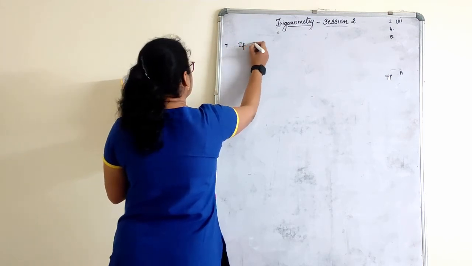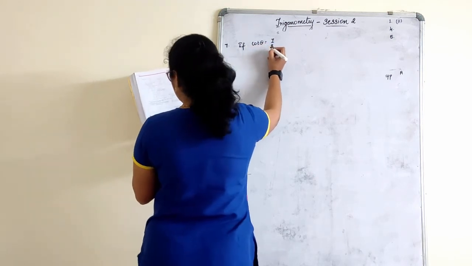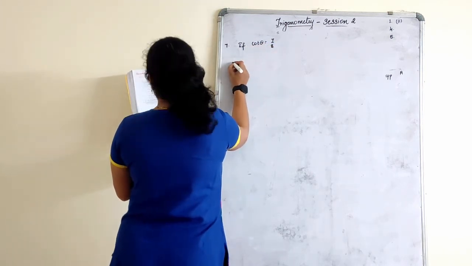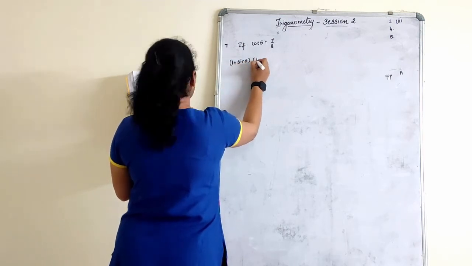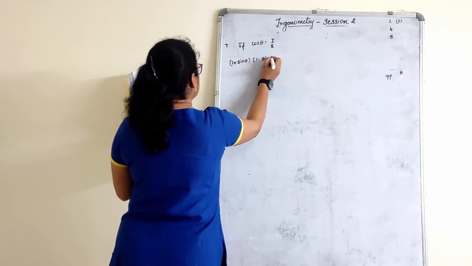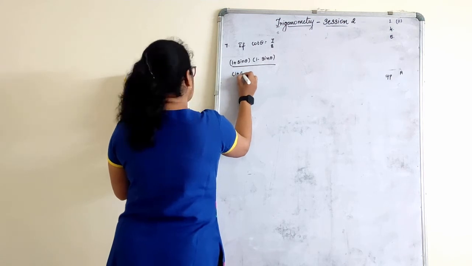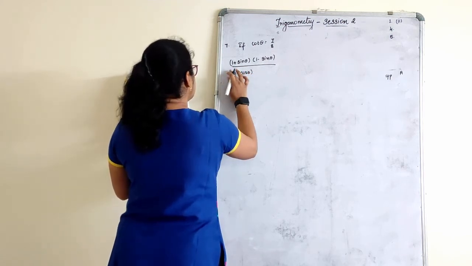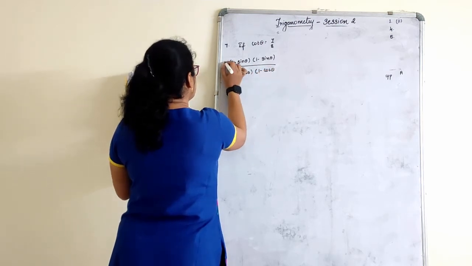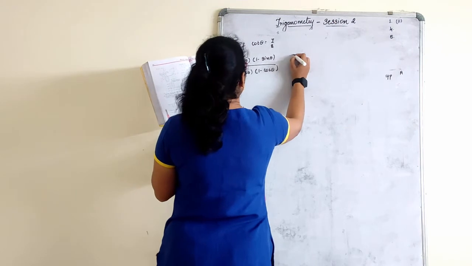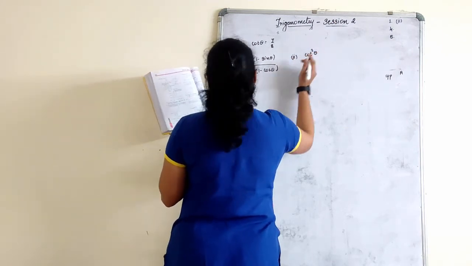If cot theta is equal to 7 by 8, evaluate (1 plus sine theta)(1 minus sine theta) over (1 plus cos theta)(1 minus cos theta), and the second one is cot square theta.